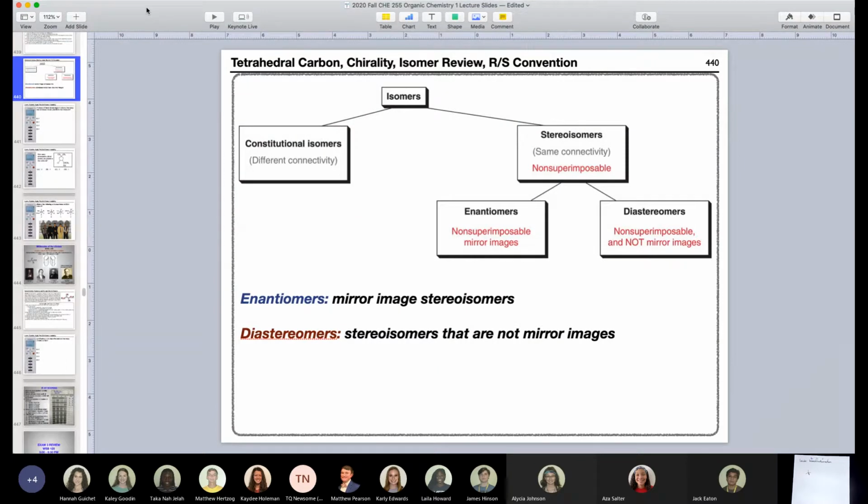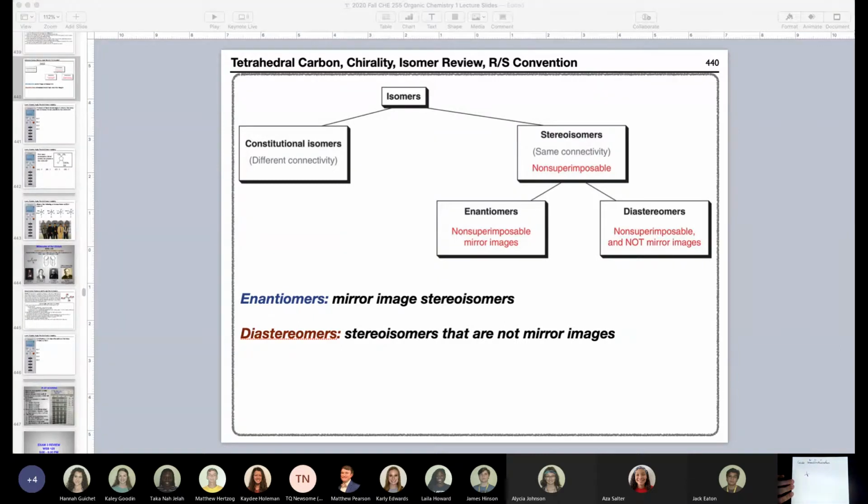So I have a question I want to ask you based on what's drawn here on the document camera. So you'll probably have to pin me to your screen so that you can see what's going on. So consider the molecule bromochlorofluoromethane.